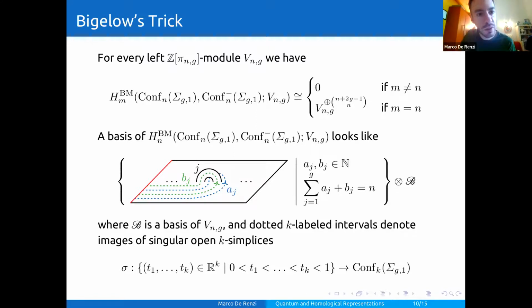This trick allows you to compute these homology spaces of configurations, which have a very simple description, it turns out. So for every left Zπ module V_n,G, this is independent of what coefficient module you're choosing.